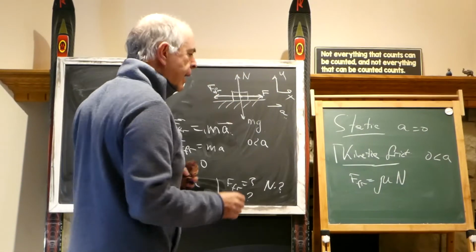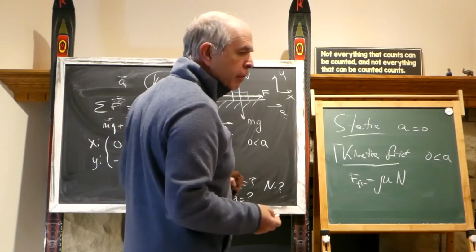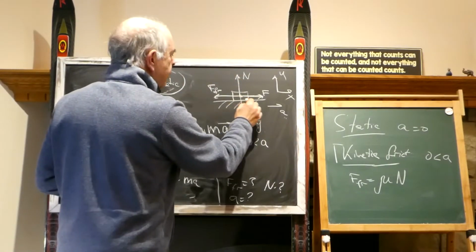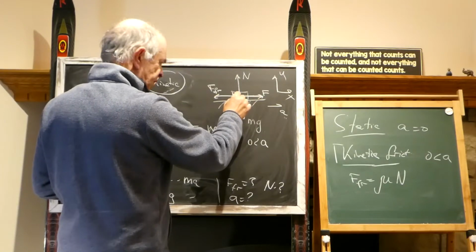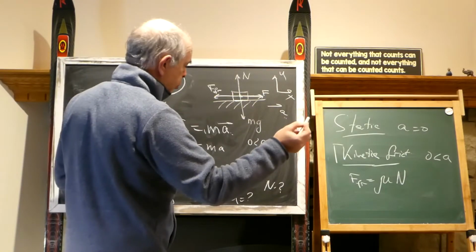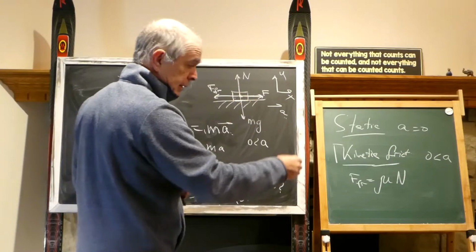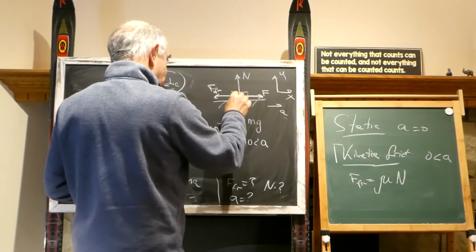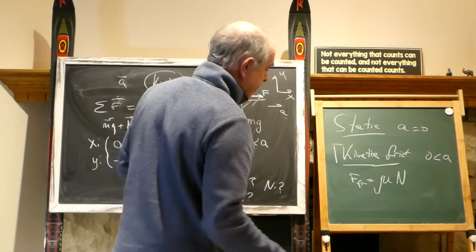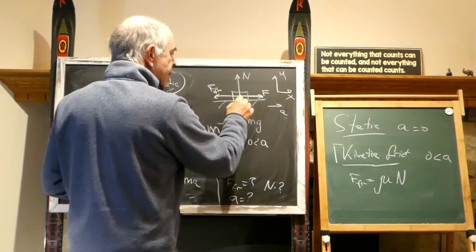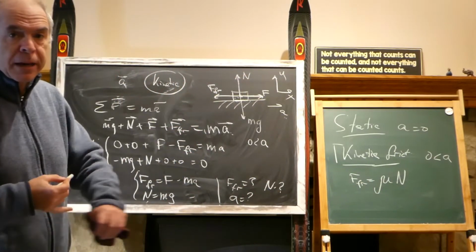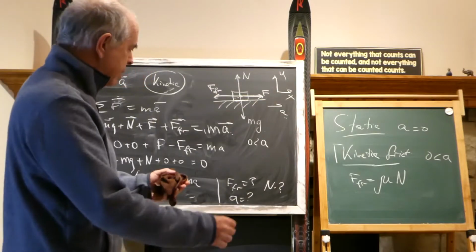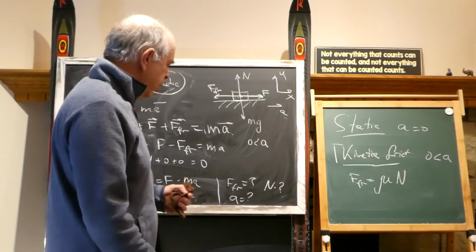They always relate. And mu is a coefficient that is defined by the surfaces. If this is ice and this is metal, it's one mu. Metal over metal, it's another mu. Steel over copper, it's another. Wood against metal, it's another mu. You obtain this mu through experiment, it's in the table, and typically it's given to you in your problem.